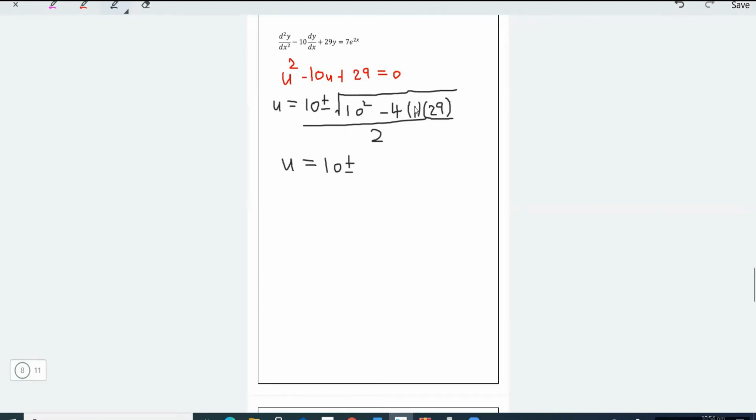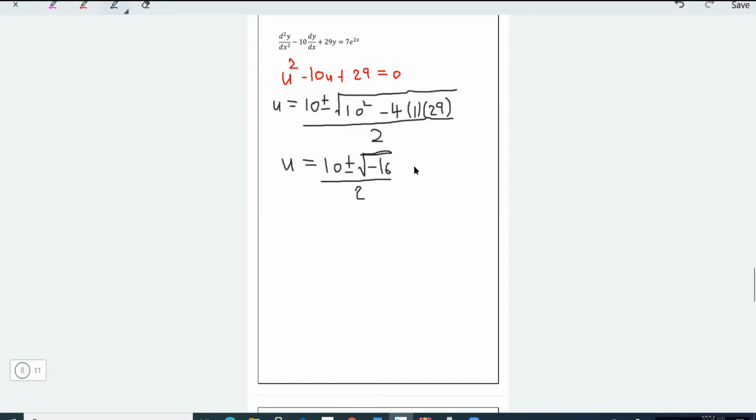That's 116. So 100 minus 116 is negative 16. So this is the square root of negative 16, and this is being divided by 2.